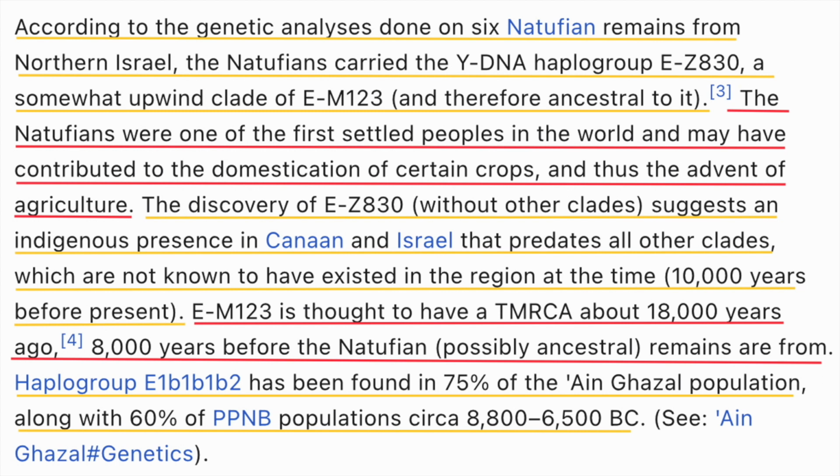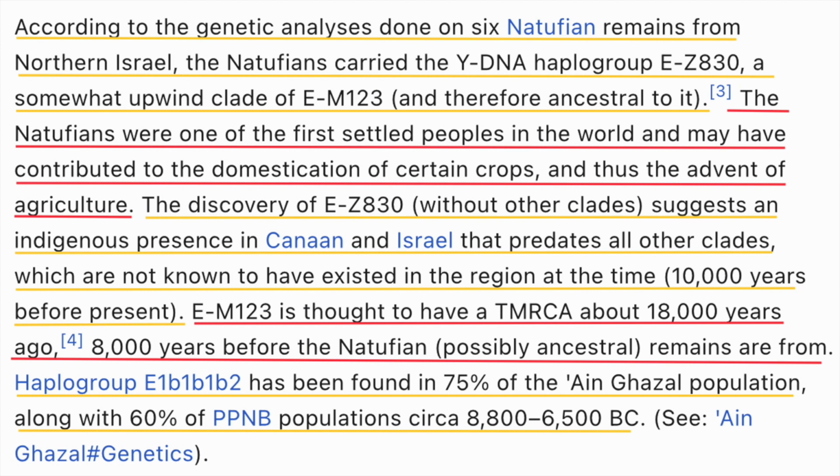The discovery of E-Z830 without other clades suggests an indigenous presence in Canaan and Israel that predates all other clades, which are not known to have existed in the region at that time, 10,000 years before present. E-M123 is thought to have a TMRCA, the most recent common ancestor, about 18,000 years ago, 8,000 years before the Natufians, possibly.